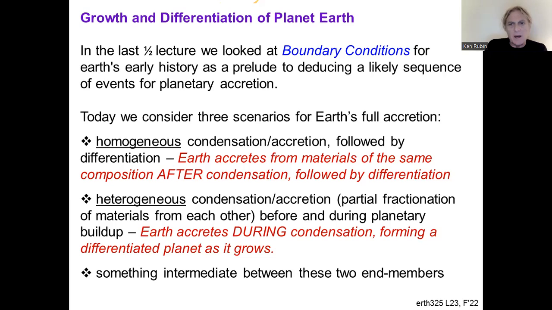Whether it's physically realistic remains to be seen. But when we look at the compositions and types of materials and some of the inconsistencies that we find in compositions of various reservoirs on Earth, especially atmosphere, lithosphere, mantle, and core, relative to both the homogeneous and heterogeneous models, what we end up with is something that says mostly homogeneous with a little heterogeneity at the end.